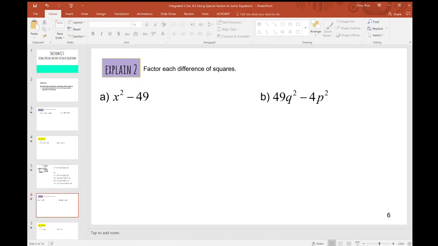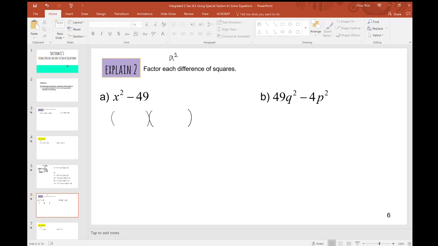So in Explain 2, it says factor each difference of squares. So once again, I know that x squared is a perfect square because what makes x squared is x and x. 49 is a perfect square because the factors of 49 are 7 and 7. So now let's write out the factors.